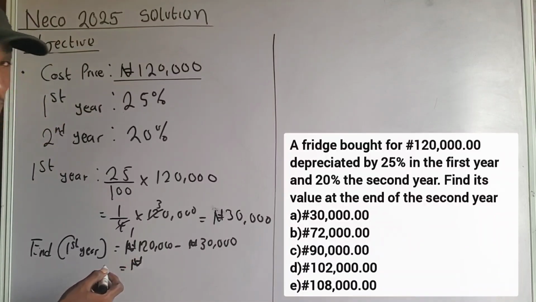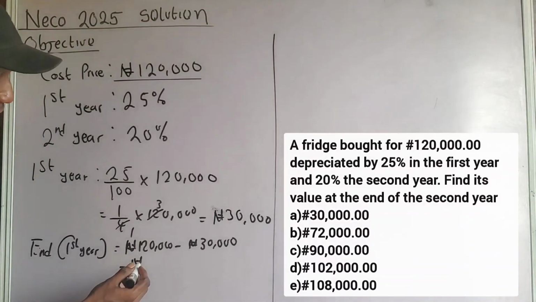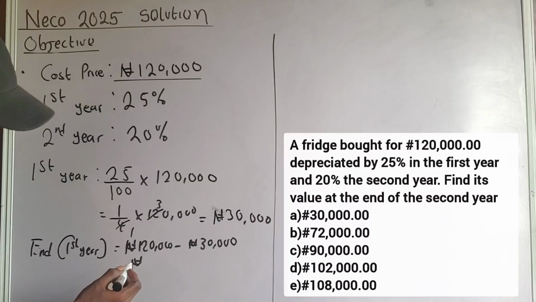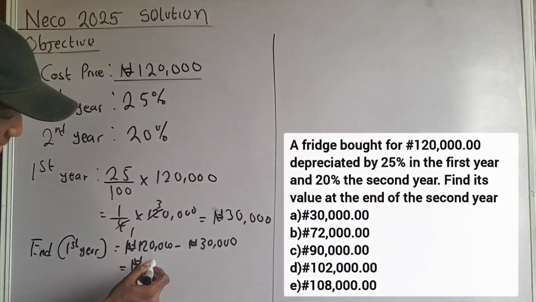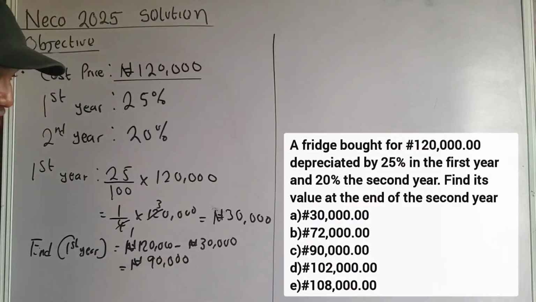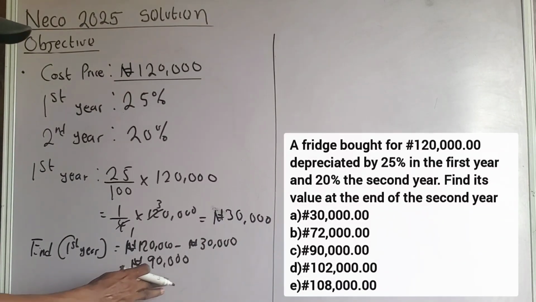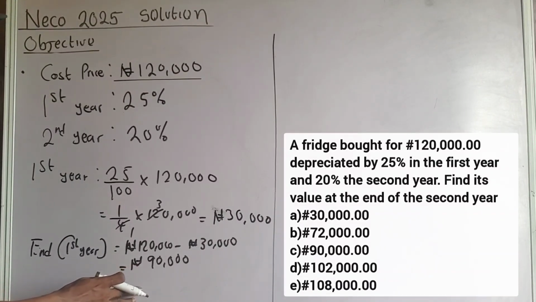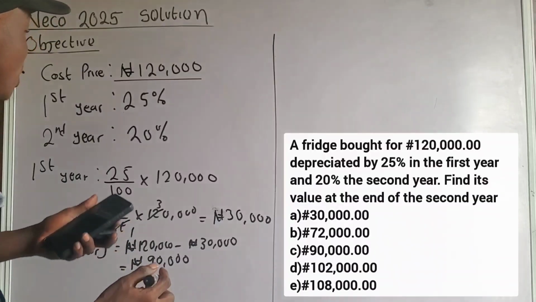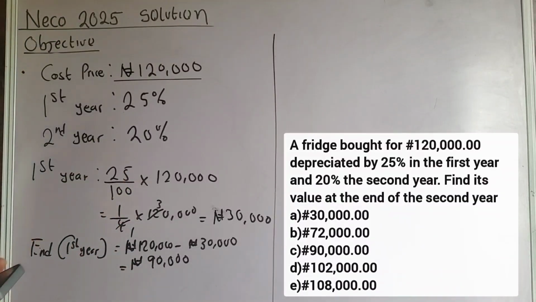So at the end of the first year, the price of the fridge is 90,000 naira. Do you understand? Okay, this is the price of the fridge at the end of the first year. Now, at the end of the second year also, it still reduced. You understand? It reduced by 20%. So we need to calculate that as well.